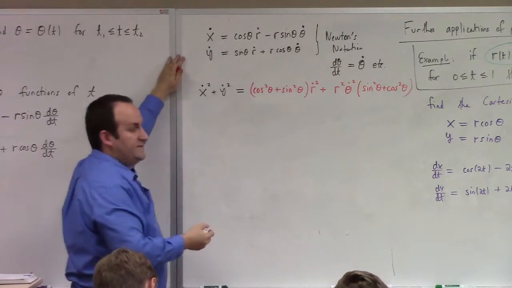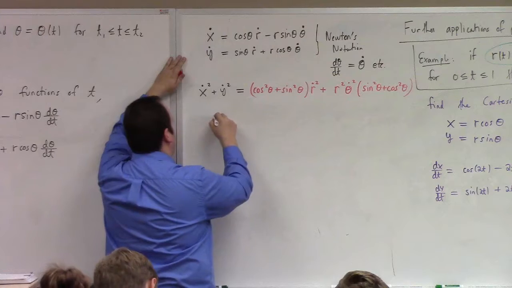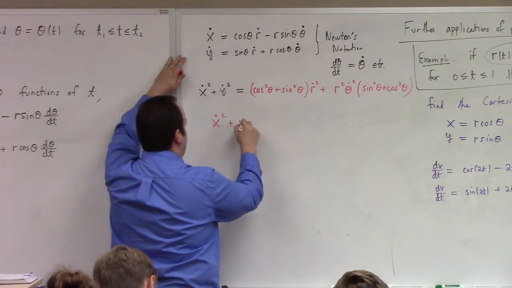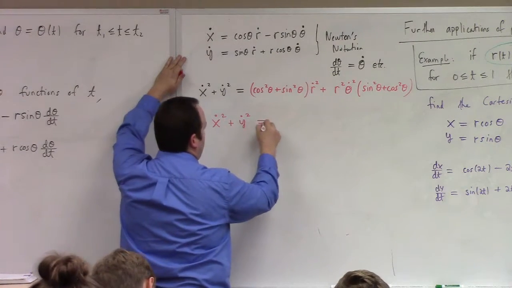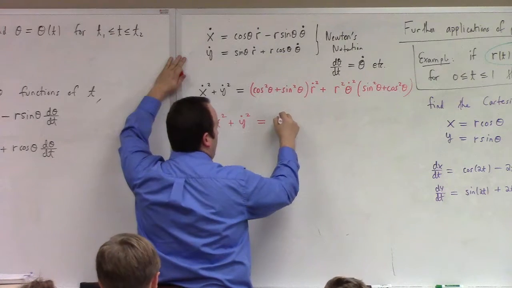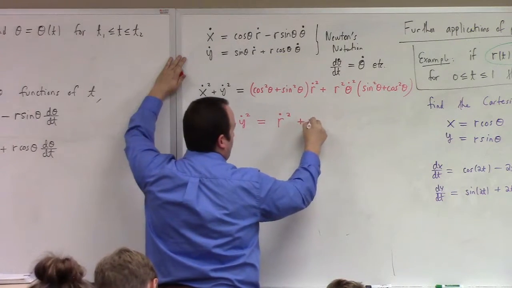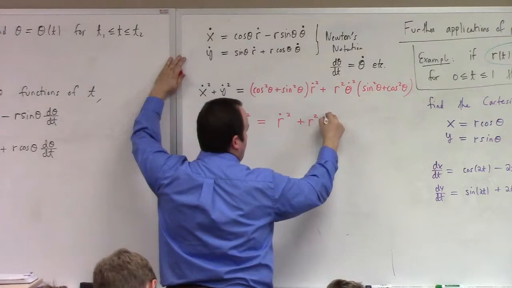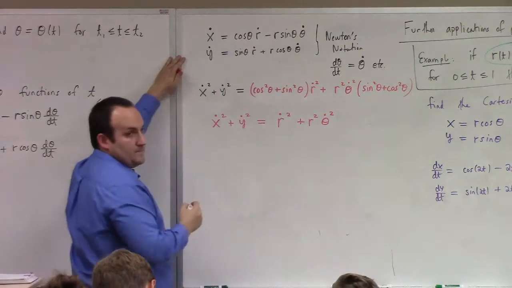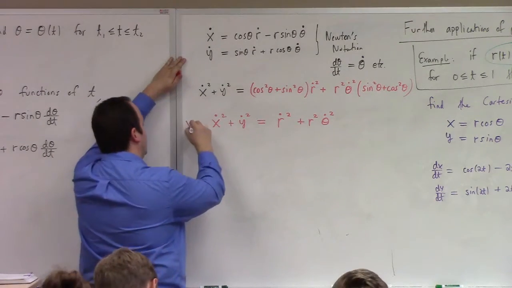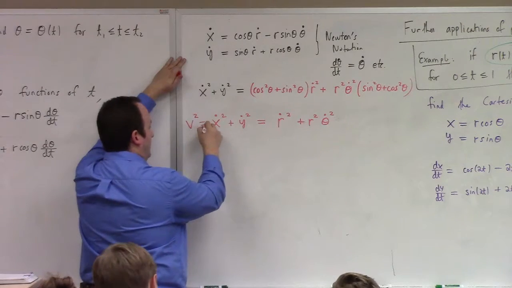All right? This simplifies, obviously. And here you go. x dot squared plus y dot squared is equal to r dot squared plus r squared theta dot squared. So here we go. This is the speed squared.